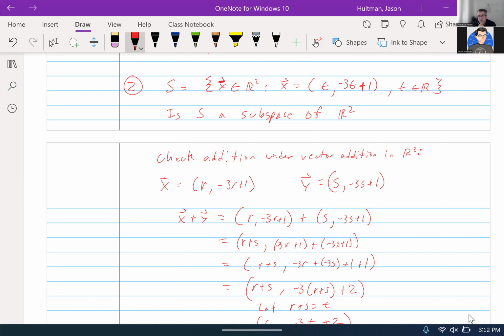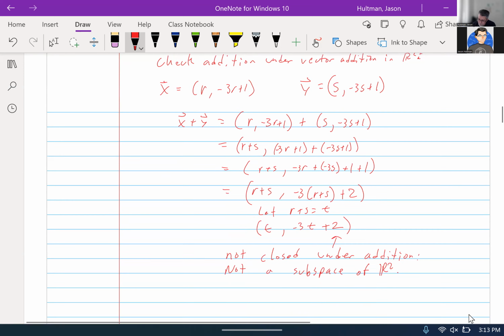We could have initially seen that this isn't good, that it fails to be a vector space because S does not contain the zero vector. If I let T be 0, I get 0, 1. If I let T be negative 1/3, I get negative 1/3, 0. There is no value of T that will give me 0, 0.